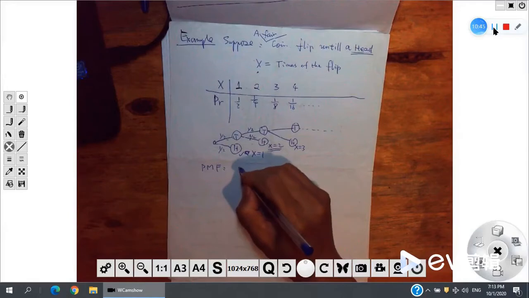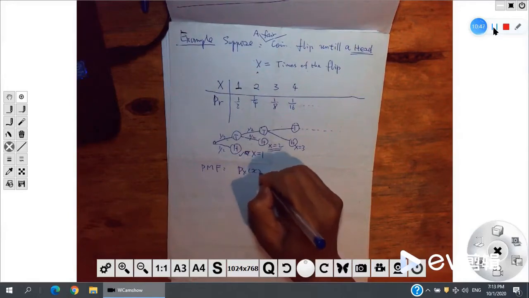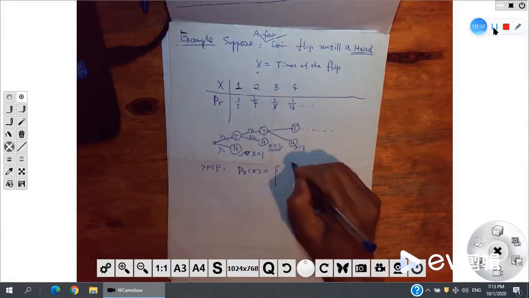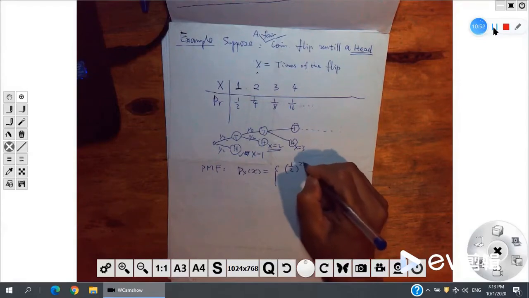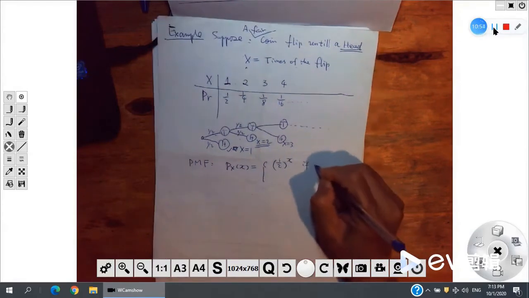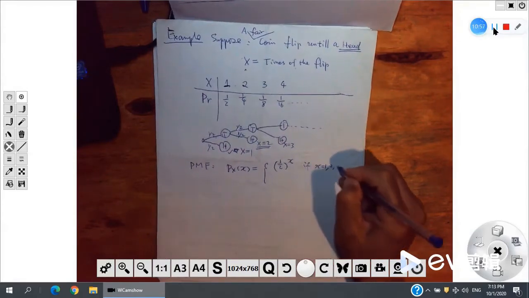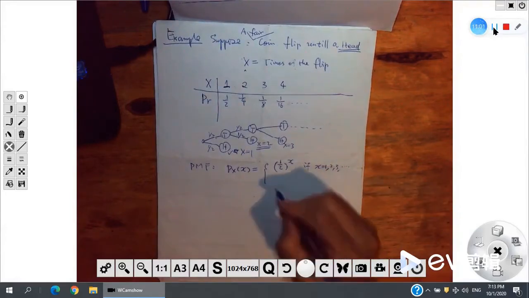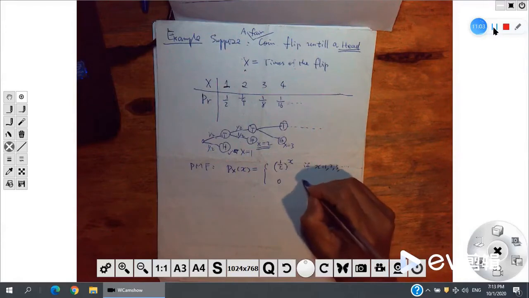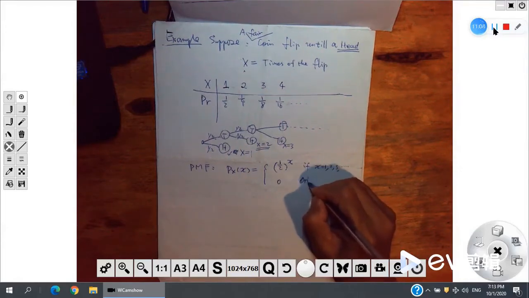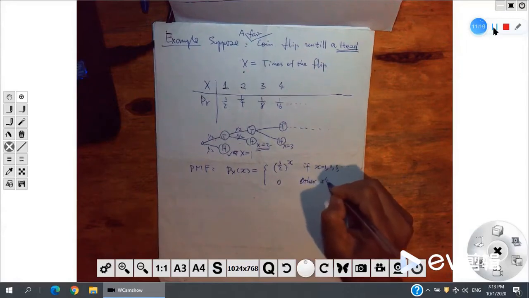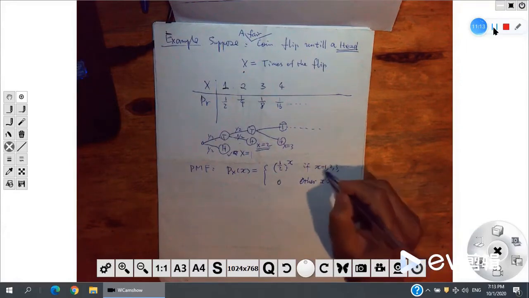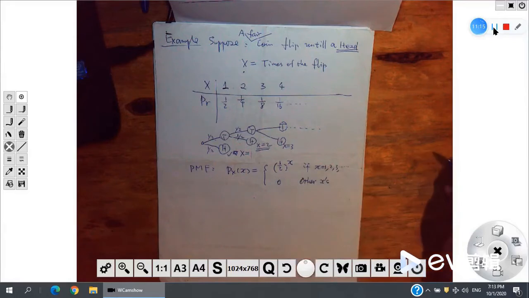This is P_X of x equal to 1/2 to the x if x equals 1, 2, 3, all the positive integers, or 0 for other values of x, other than those positive integers. So we have P_X of x.